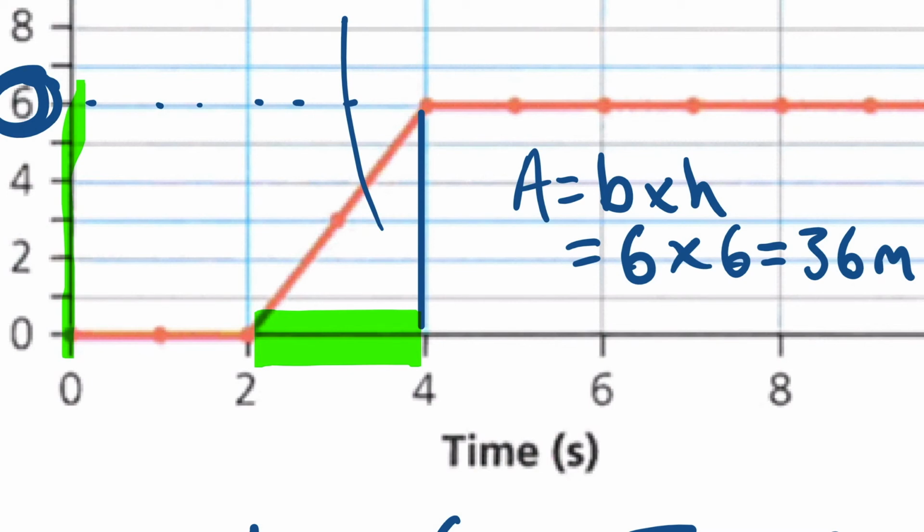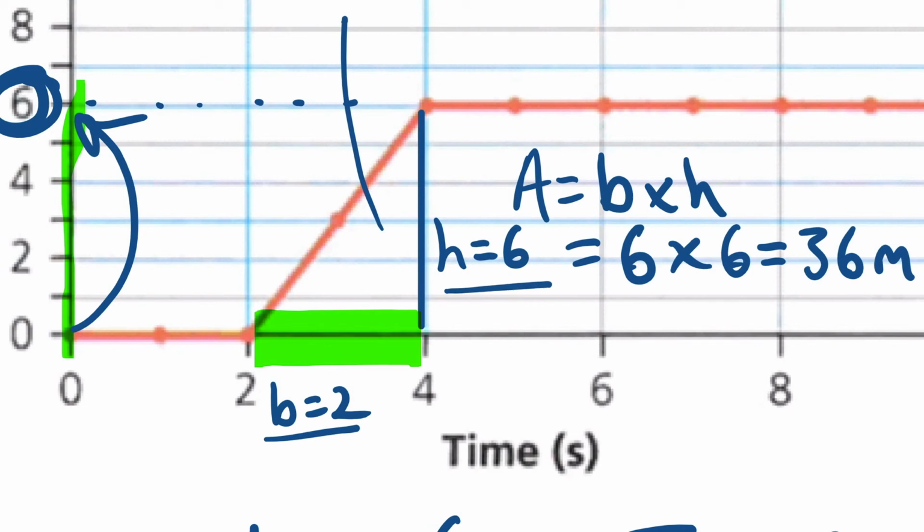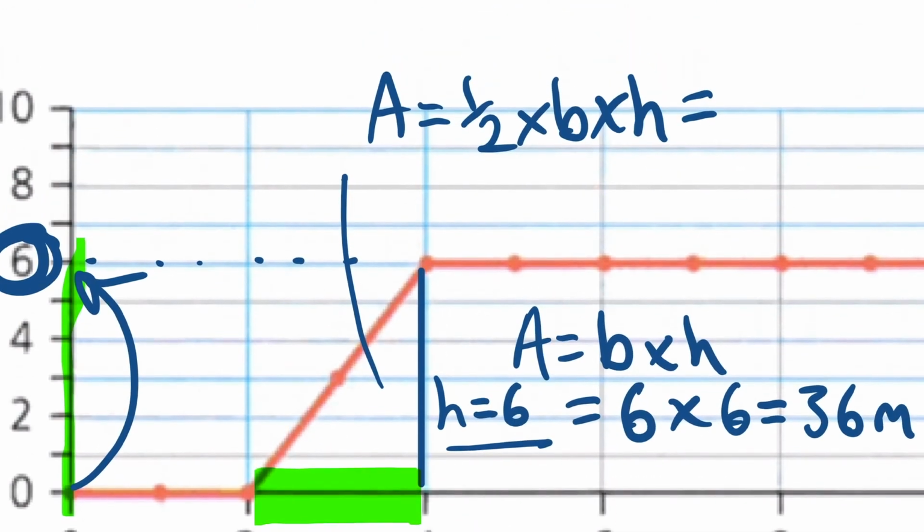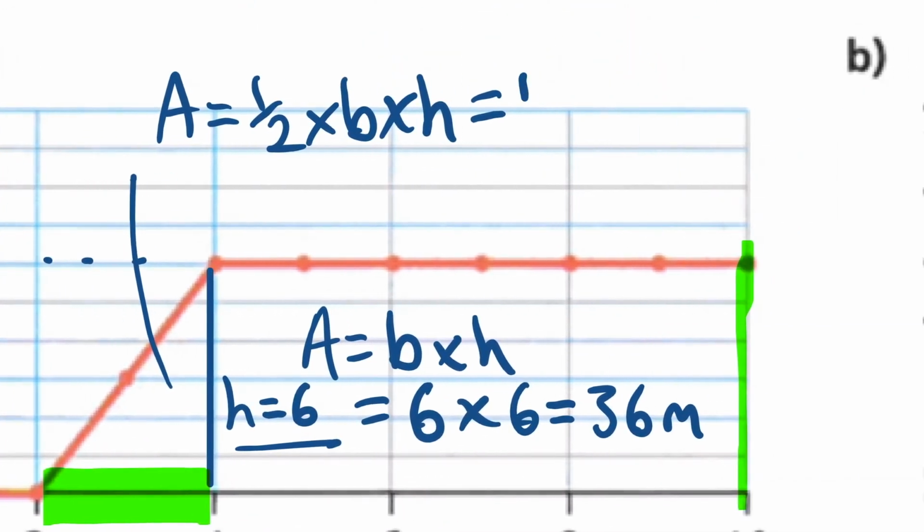So the base I could label here, base equals 2, and the height equals going from 0 again up to 6. So I've got my base, I've got my height, same old thing, substitute in the equation. Base is 2, height is 6, half times 2 is 1, 1 times 6 is 6. So distance travelled 6 meters.